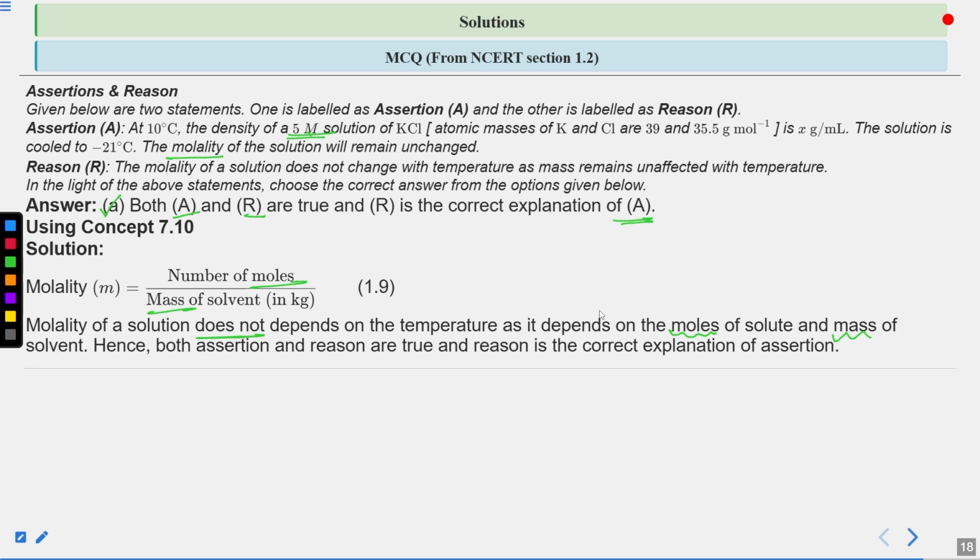So you have to consider these: molality, mole fraction, volume by volume and mass by volume percentage, and all these concentration terms, pressure, volume. So you have to consider the questions on these topics more in the chapter Solutions. The concentration terms questions will cover the major part of the solutions chapter, right?